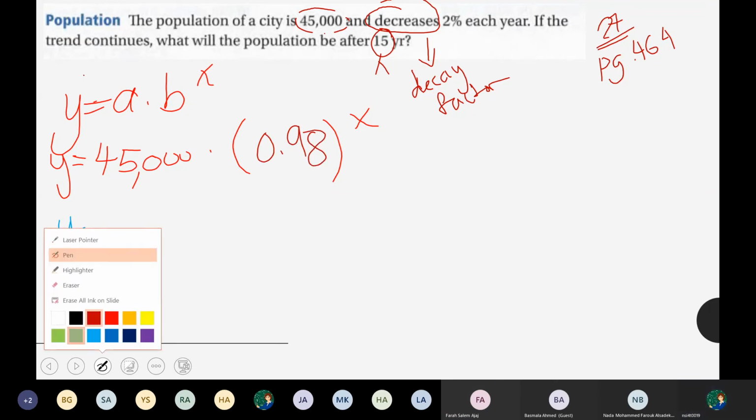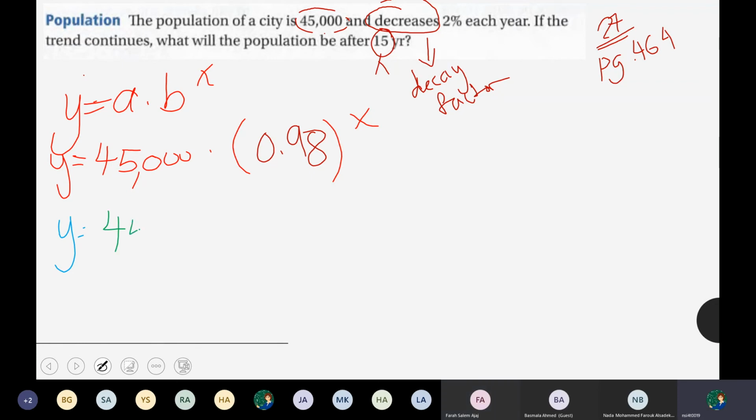Now, it is 45,000 multiplied by 0.98 raised to 15. Now, by calculator, 0.98 raised to 15 is 0.738.